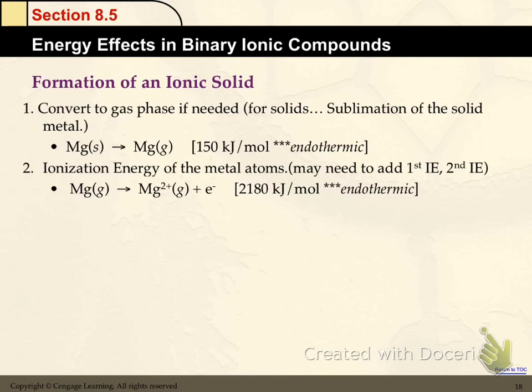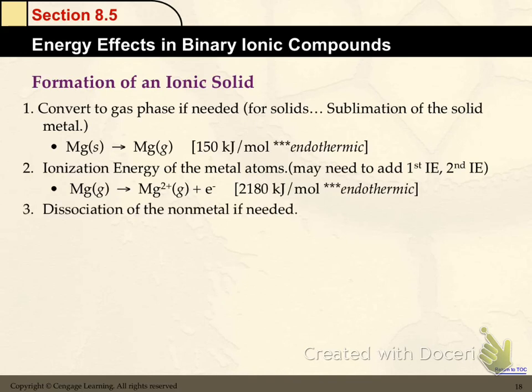Magnesium has a full s sublevel, so it actually takes quite a bit of energy to remove that first electron from the 3s sublevel. After that, the second ionization energy is a lot lower. So the number that you see here, the 2,180, is actually a combination of both the first and second ionization energies that allow magnesium to go to Mg2+.